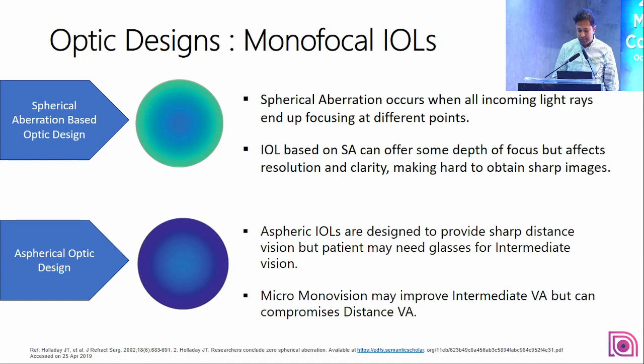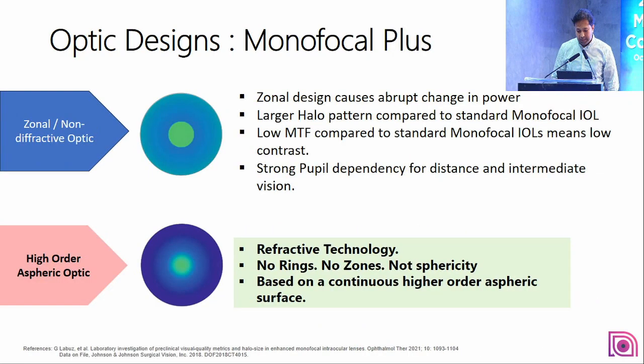Aspheric IOLs are therefore designed to provide sharp distance vision, but patients will require glasses for intermediate vision. And the zonal design in the bifocal, multifocal and trifocal IOLs, though they provide good intermediate, near and distance vision, have a larger halo pattern compared to standard monofocal IOLs and a low M2F ratio compared to monofocals.